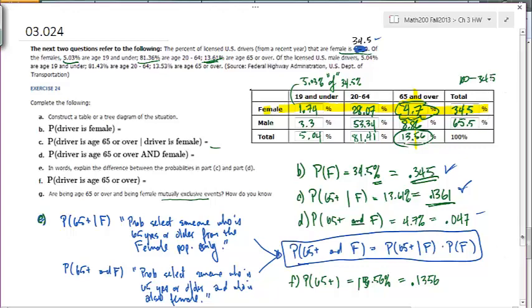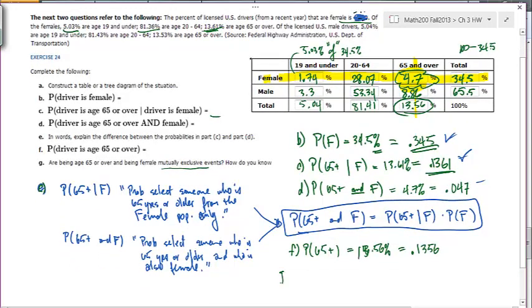In fact, for G, 65 and over and female are not mutually exclusive, because the probability of 65 and over and female is something that we already computed, and it's 0.047.